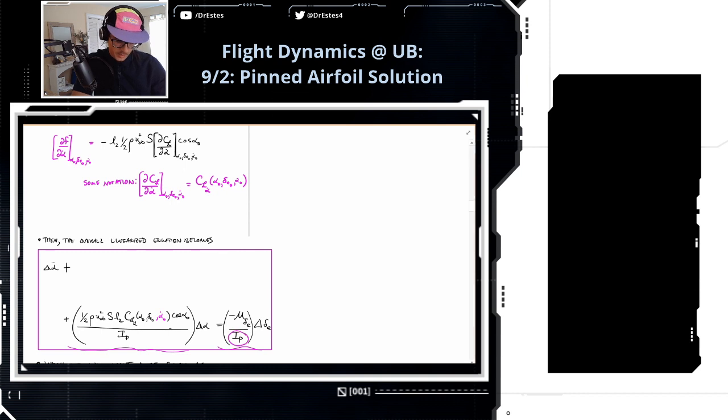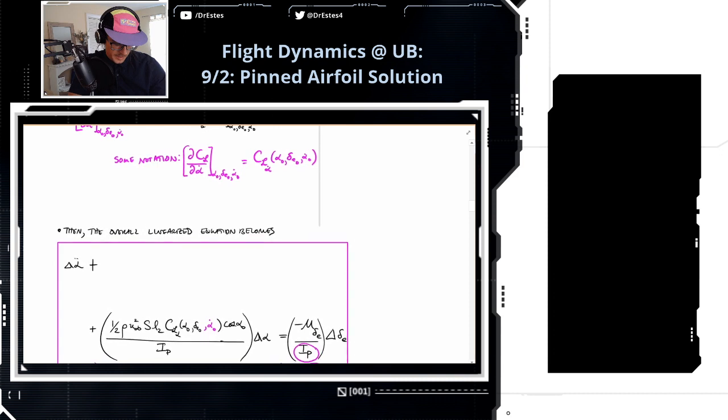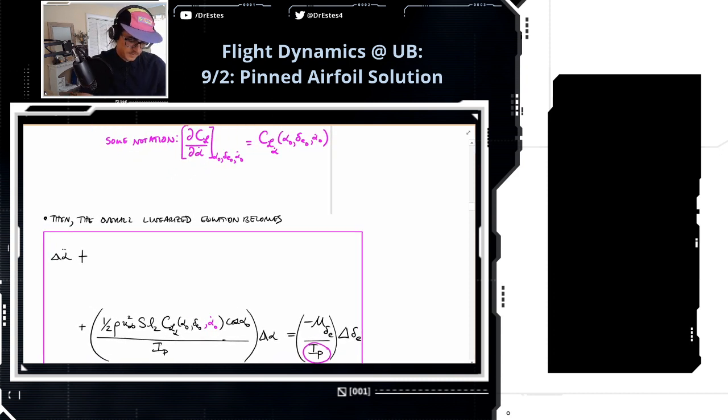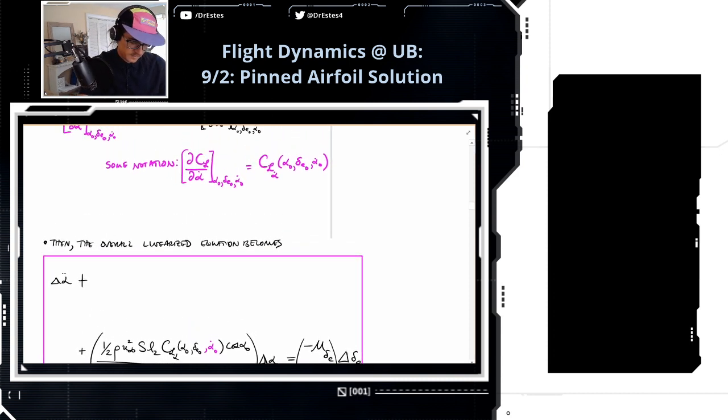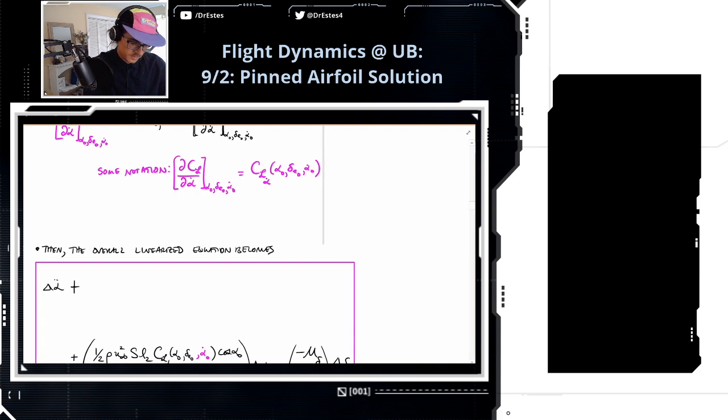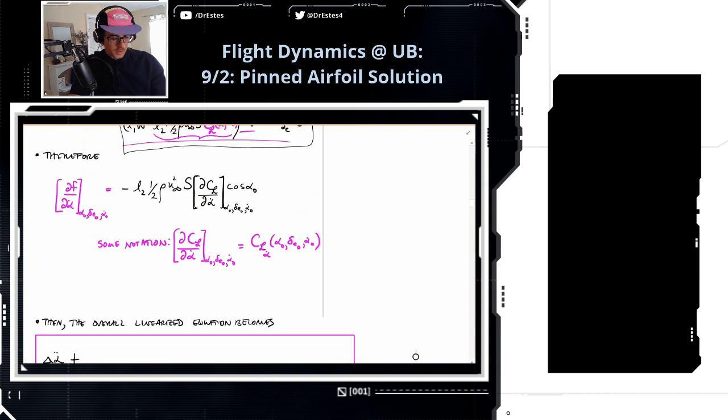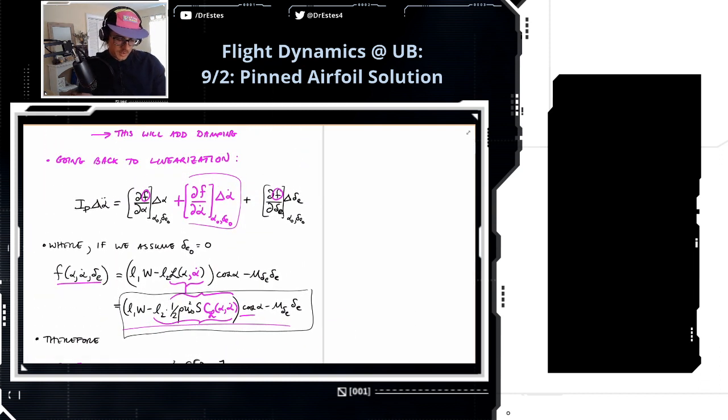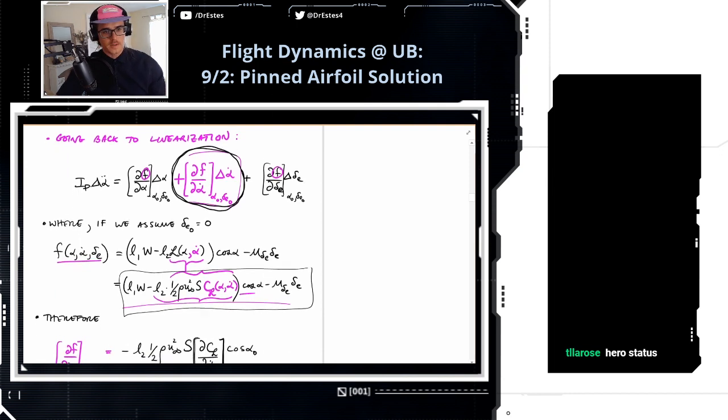Oh, here I remembered to divide by that. Okay, so I'm sorry, I know I'm jumping around here, but the term that I'm adding to this box is this right here. So I'm going to take that partial, multiply it by delta alpha dot.